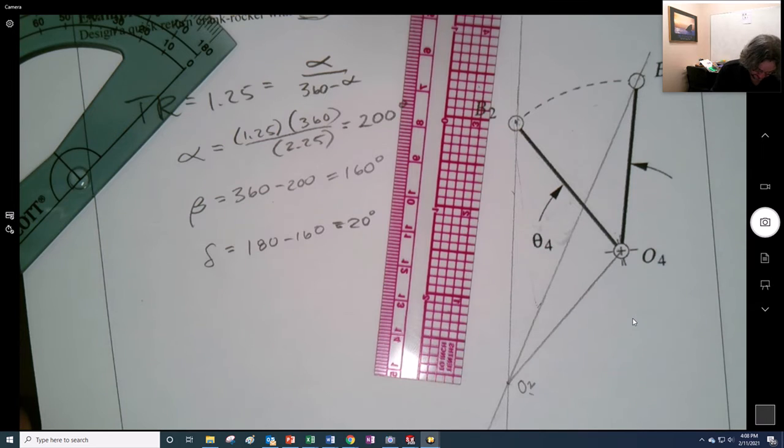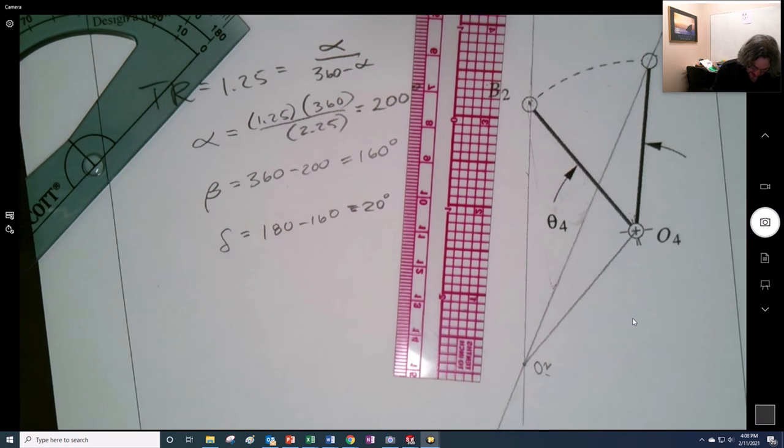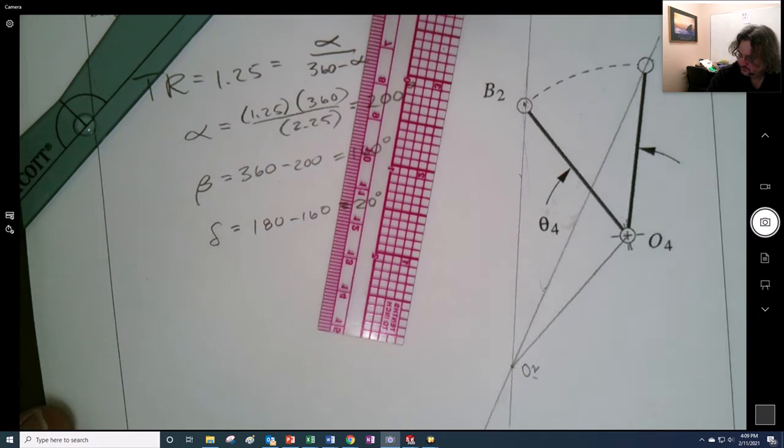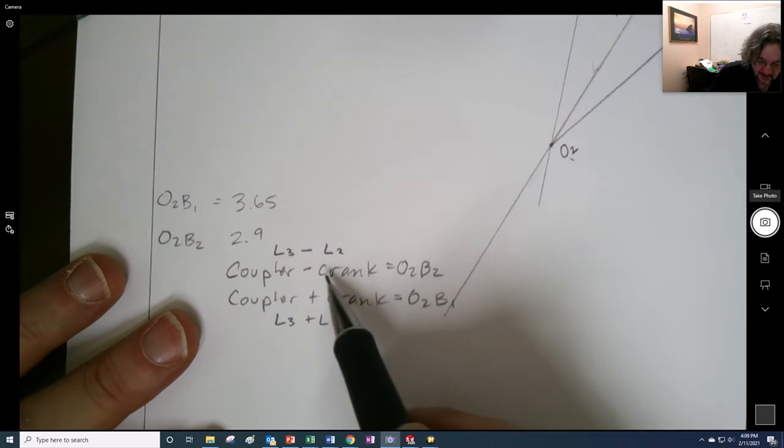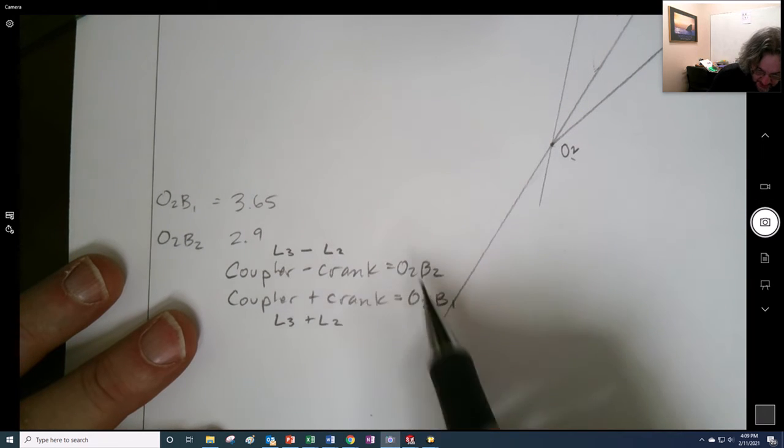Okay? So using this, we can construct, let me pause. Okay, so what that means here is we could just use this formula right in here.